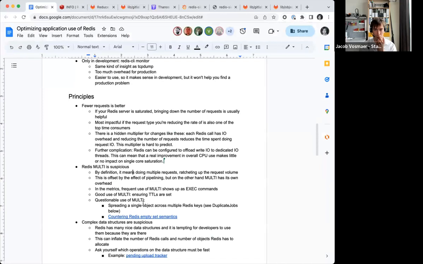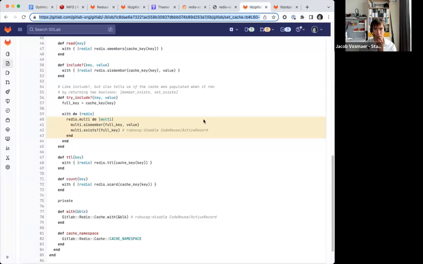Another example I wanted to point out is here in this Redis set cache class we use, where we run into the problem that you can't store an empty set in Redis. So if you have a Redis set and you delete the last element, then Redis says, well, I'm going to garbage collect the key.